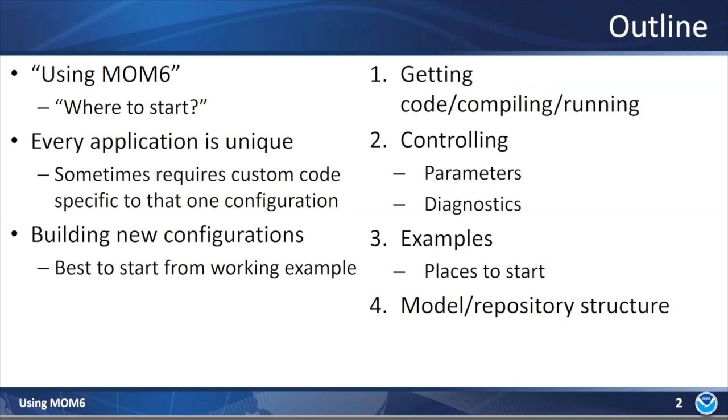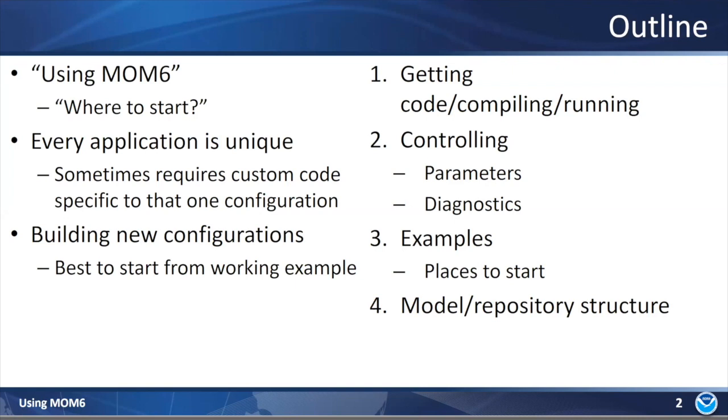To that end, I'm going to give you a quick run-through of how a new user might come at this. I'm going to give this from the perspective of the ocean-only GFDL point of view, because CSM is something that the CSM folks will handle. Using models in the CSM context is something that NCAR is going to present later in the series.